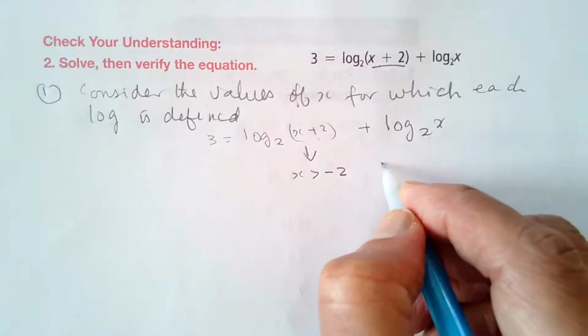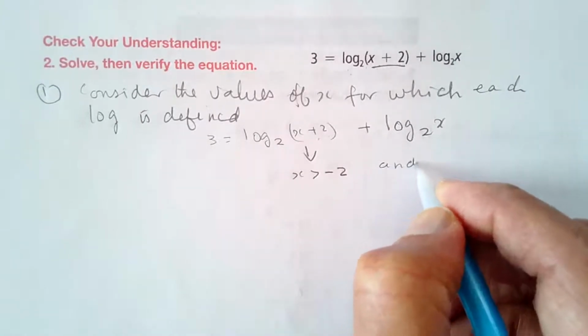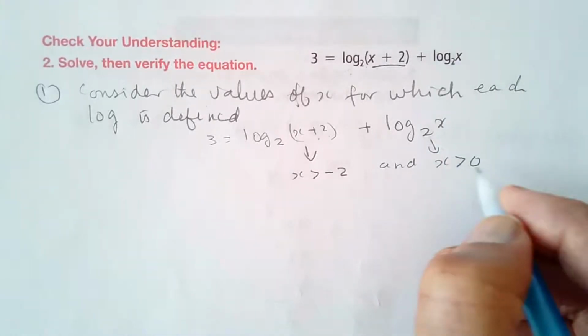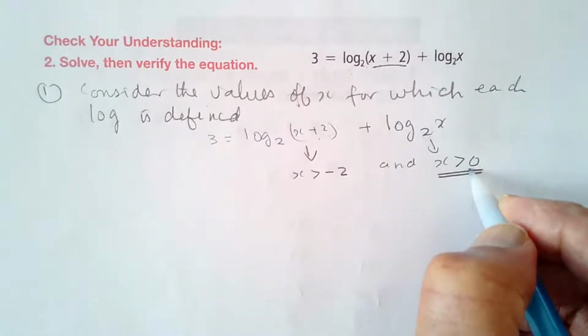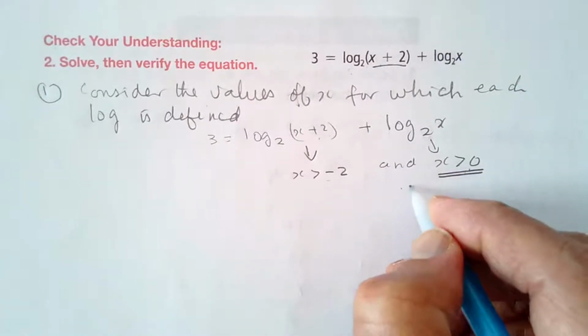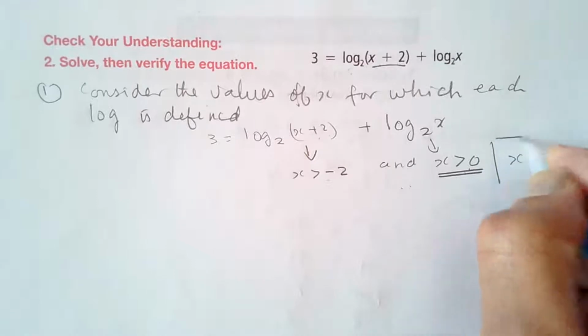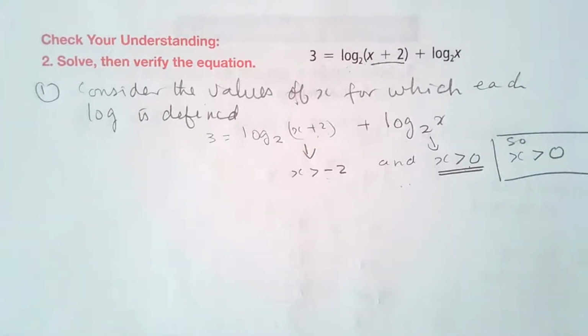And we have here where x is greater than 0. So x now cannot be less than 0. So x has to be greater than 0.